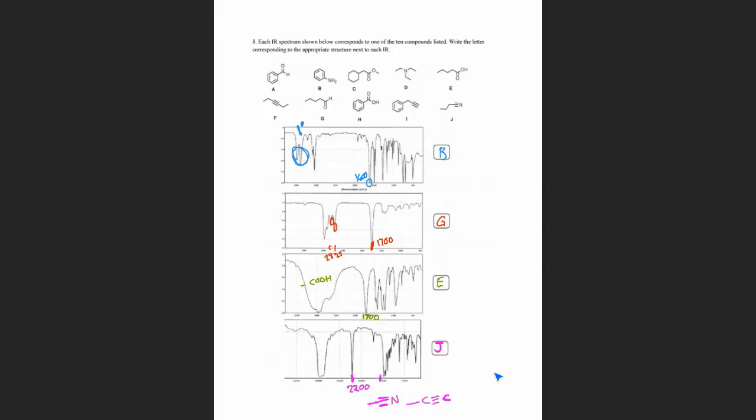I would say the McLafferty is going to be the best one, because it's just easier to do. It's easier for McLafferty to happen whenever you have that many chains of carbons on an oxygen.